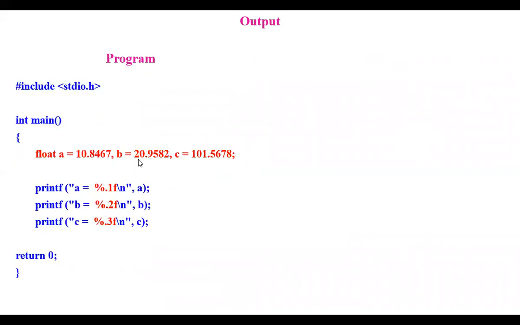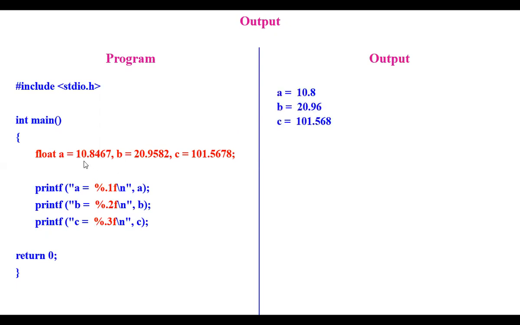Next, suppose I have taken float values 0.1f, 0.2f, 0.3f. We all understood this. Just to see the output, you can have a look at it. So 10.8, because I want only one digit.